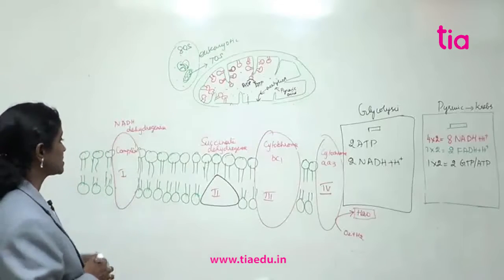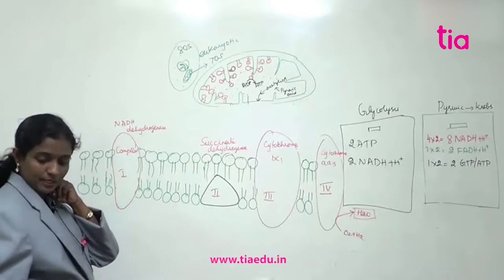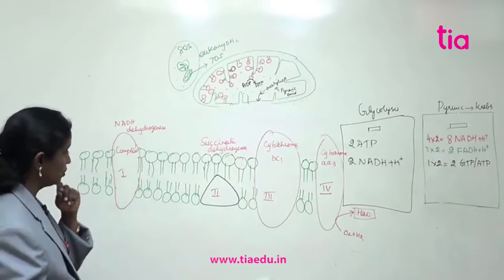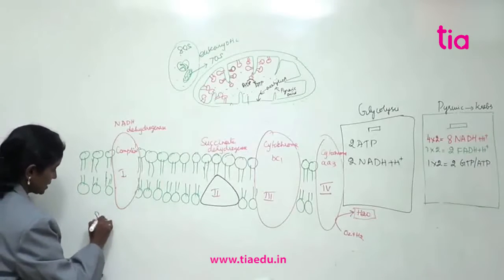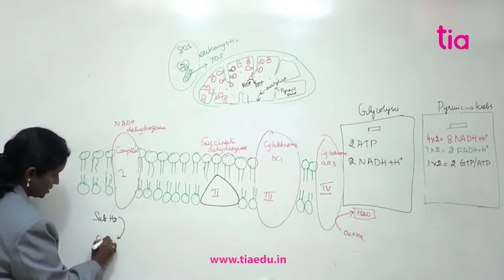Look at this. Now, the complex one, as I said, is NADH dehydrogenase. Maybe a schematic representation will help you in understanding this. Substrate comes in with hydrogen and donates the hydrogen. Substrate goes out. What is the substrate?